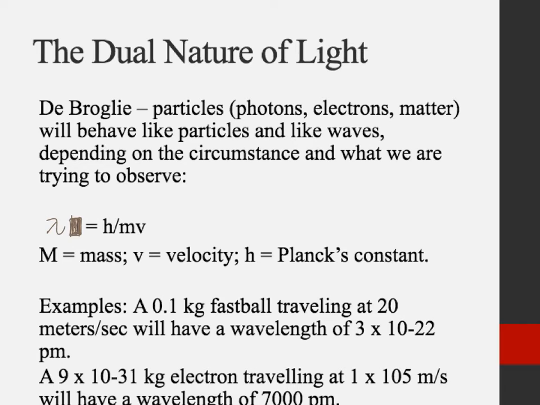So this is different from nu. Nu has a curve to it, which is frequency. So I wanted to make sure that you understood the difference between the two symbols.